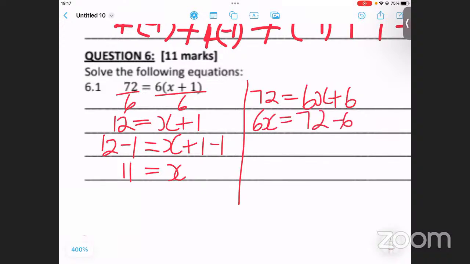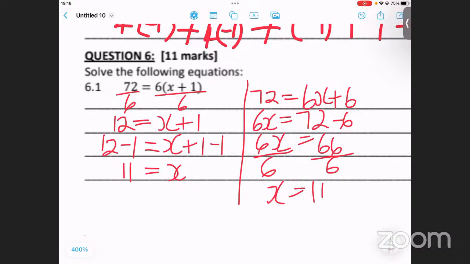Then I got 6x is equal to 66. Then you divide both sides by 6. Then your answer is x is equal to 11.